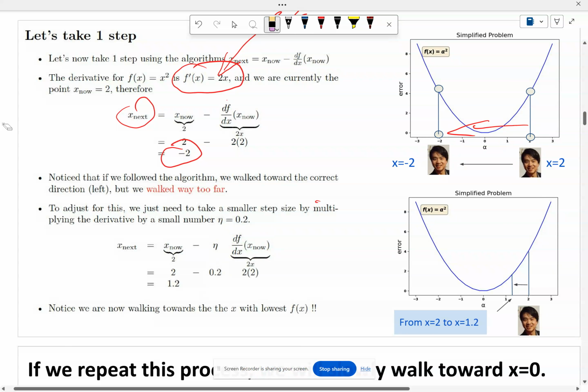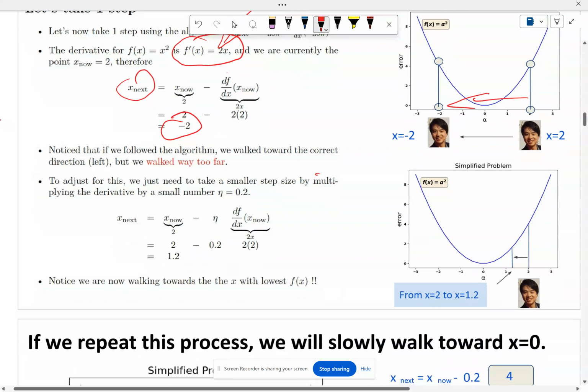So if I had used eta, which is a multiplier, of 0.2, then 2 minus the derivative times 0.2 gives us 1.2. Notice how instead of walking all the way to -2, it walked from 2 to 1.2. So if you just walk a little bit, you're probably going to be fine.